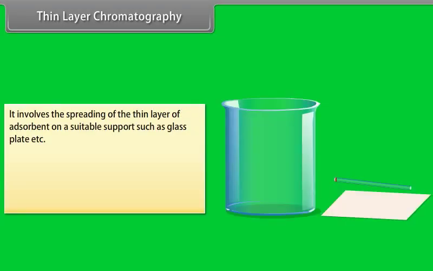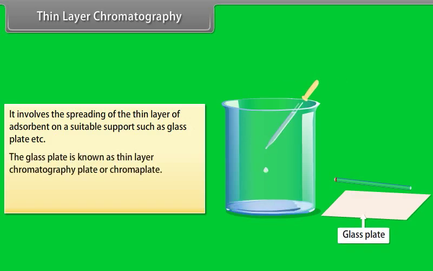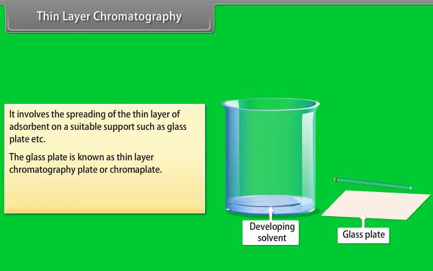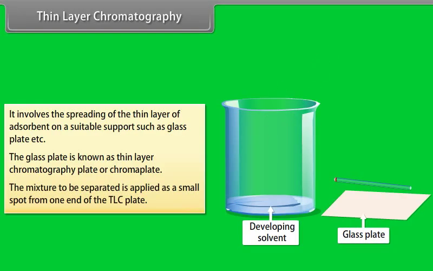Thin layer chromatography. It involves spreading a thin layer of adsorbent on a suitable support such as a glass plate. The glass plate is known as thin layer chromatography plate or chroma plate. The mixture to be separated is applied as a small spot from one end of the TLC plate.